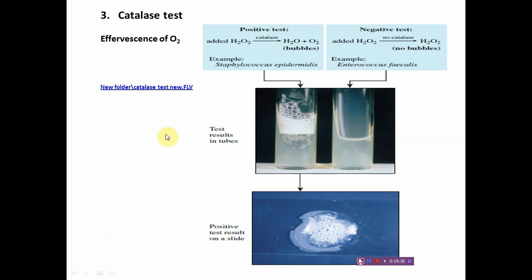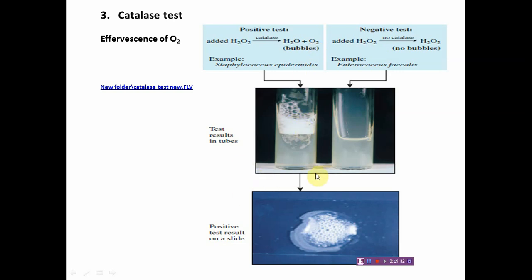This is another important test, catalase test. So the pathogenic variety like Staphylococci is tested by the catalase test. H2O2, which is hydrogen peroxide, is broken down by the catalase enzyme into H2O and oxygen, and the oxygen comes out in the form of effervescence or bubbles.